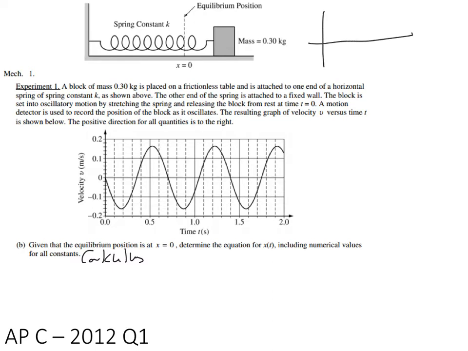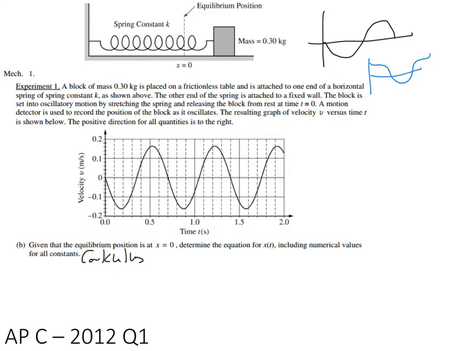So if our velocity graph looks like this, then our position graph originally looked like this. So if velocity is a negative sine, then position should be a positive cosine.